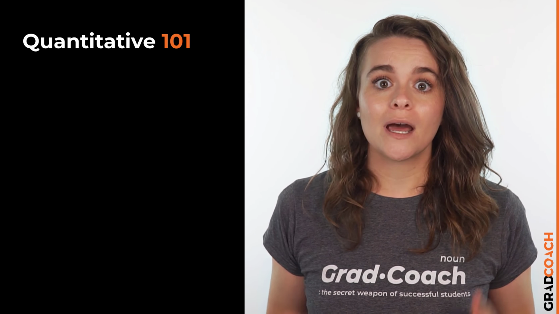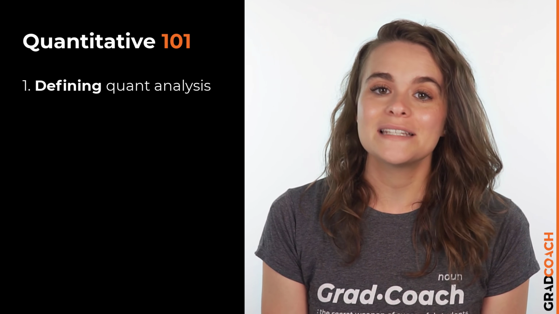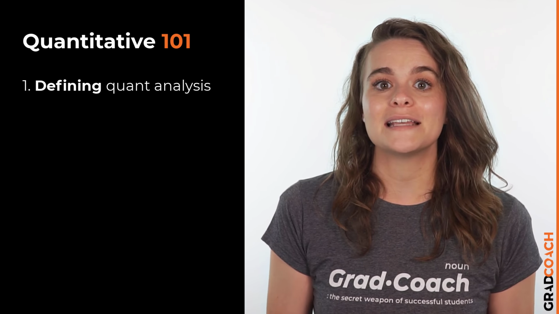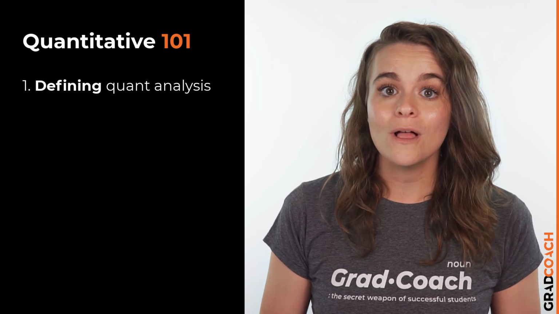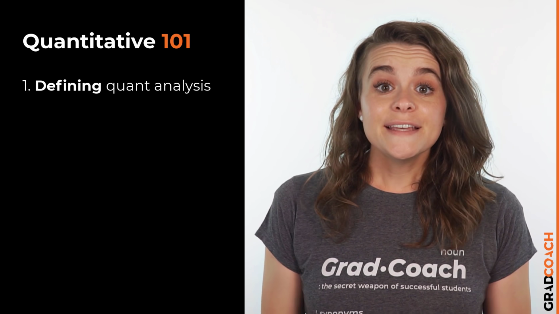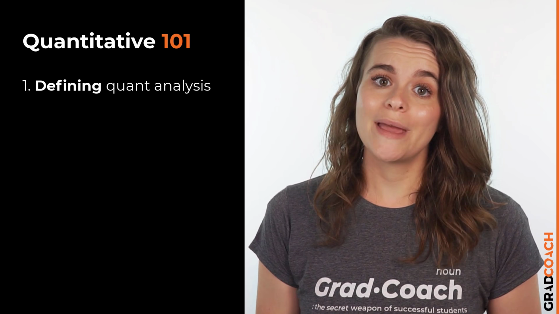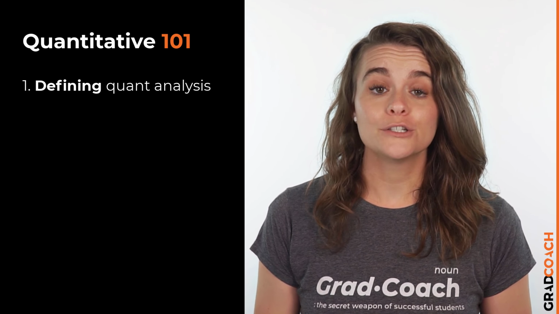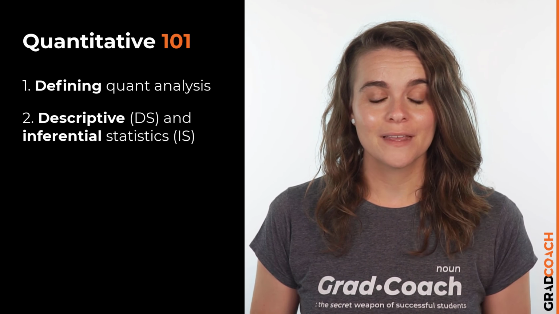First, we asked the question, what is quantitative data analysis? As we discussed, quantitative analysis is all about analyzing number-based data, which can include both categorical and numerical data. These data are analyzed using statistical methods. The two main branches of statistics are descriptive statistics and inferential statistics.